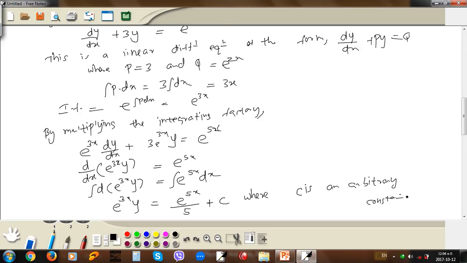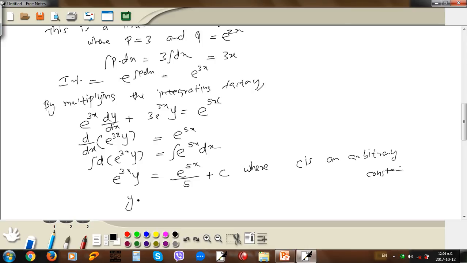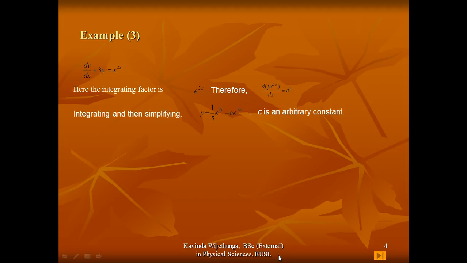Then y equals 1/5 e^(2x) if we divide by e^(3x), plus c times e^(-3x). So this is the answer: y equals e^(2x)/5 + c e^(-3x).